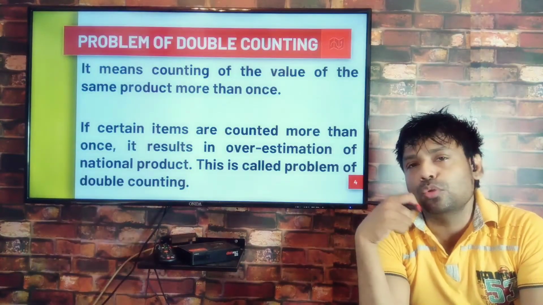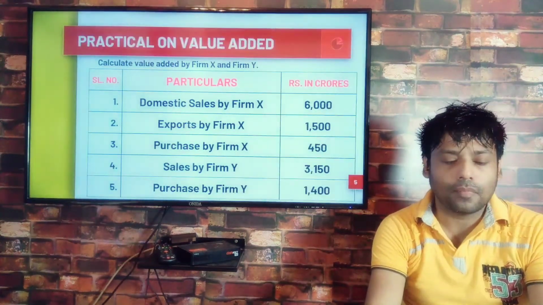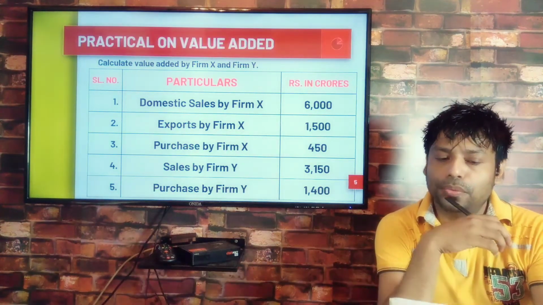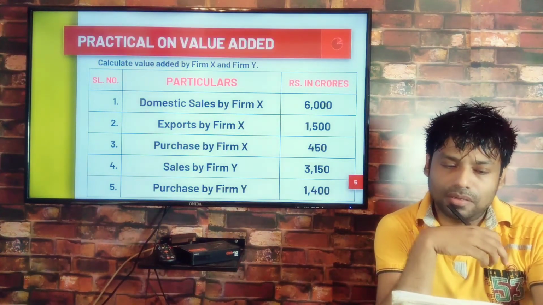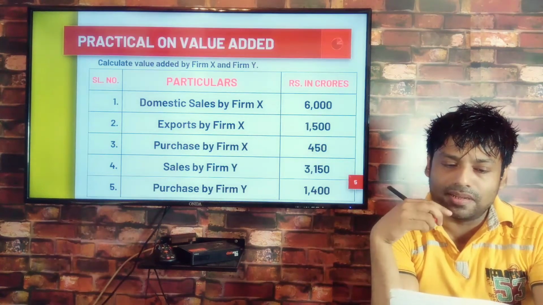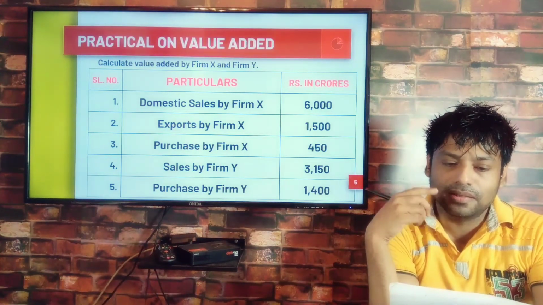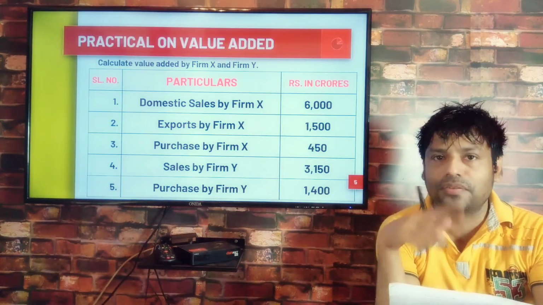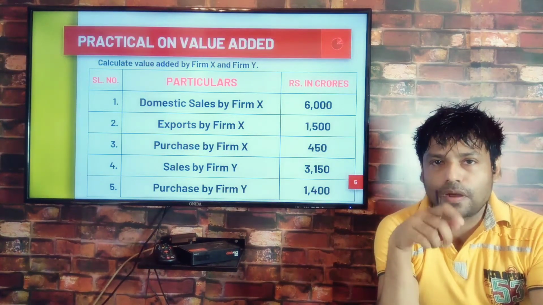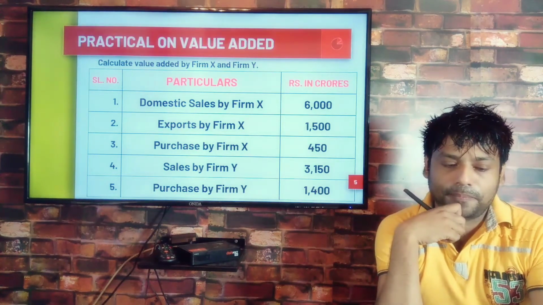Now it is time to do a practical. Let me move to the next slide. There is a question or problem before you on the screen. Here there are two firms, X and Y. Domestic sales by firm X means that firm X sells some of its output within the country, and the remaining portion of the output the firm exports to foreign countries.